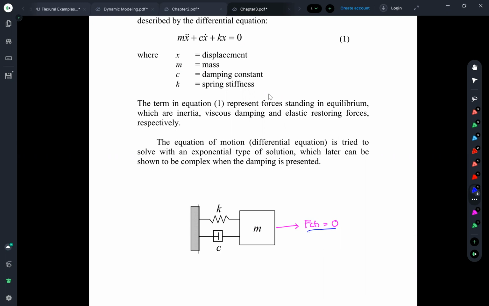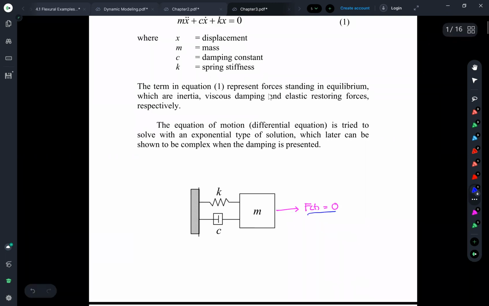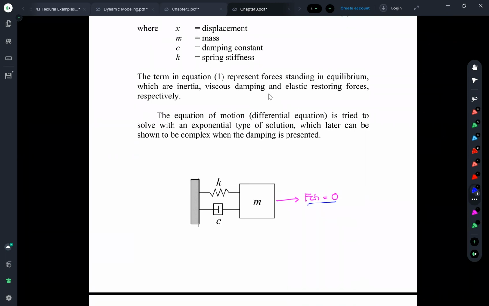Those might be possibilities of initial displacement, initial velocity, or combinations of them. However, for the single degree of freedom system, we are talking about the initial x and x dot at time t equal to 0.